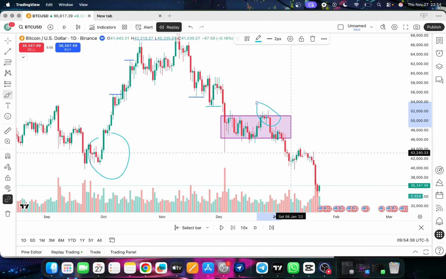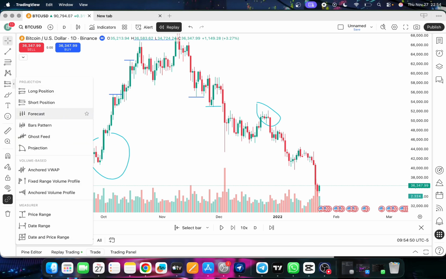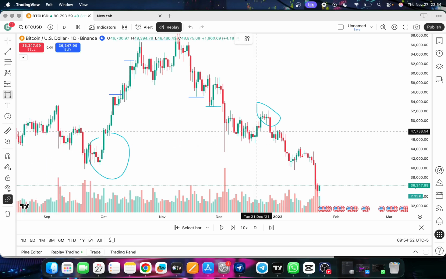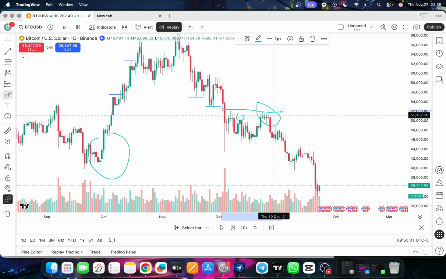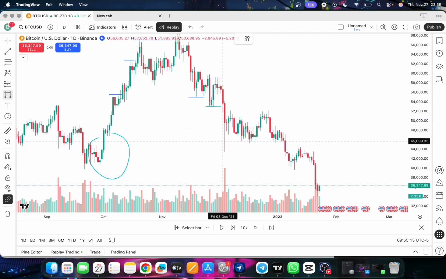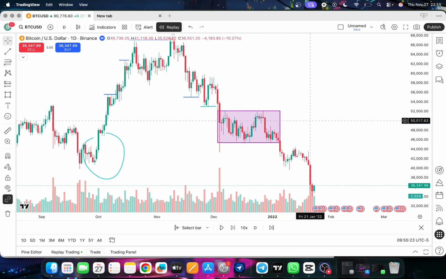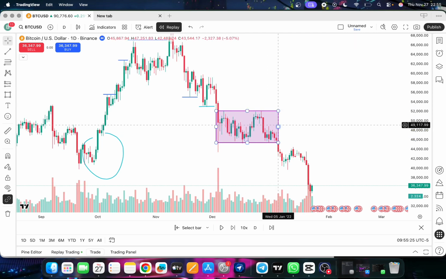Once you've identified that it's a ranging market, you could have taken shorts, and you would have identified that it's going sideways by this high here, and then you'd pull your rectangle in. You'd be looking for shorts here as well.